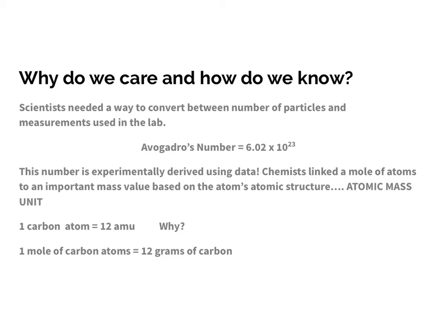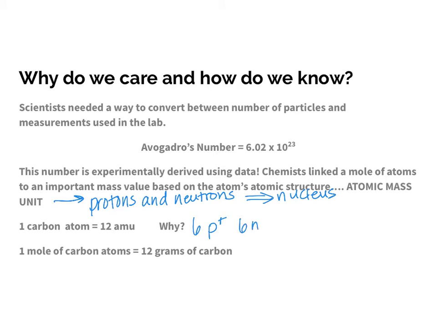Now keep in mind, remember when we were calculating AMUs back in first semester? That is going to include protons and neutrons, and all that mass is located within the nucleus. So researchers found that one carbon atom is equal to 12 atomic mass units, due to the 6 protons and 6 neutrons.